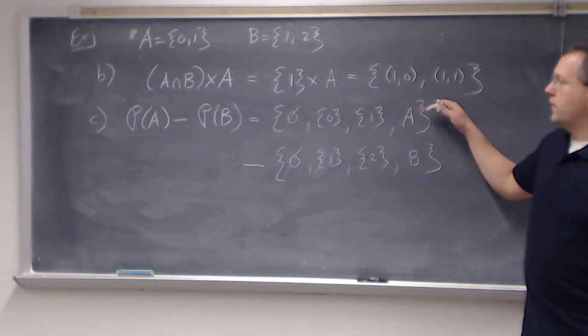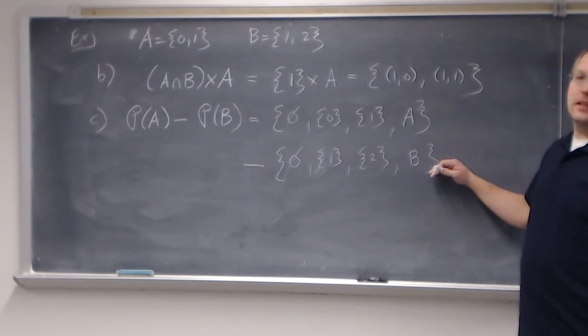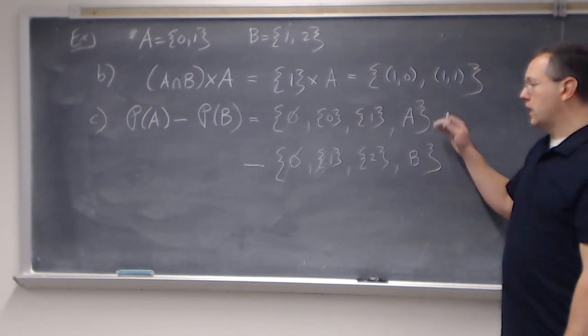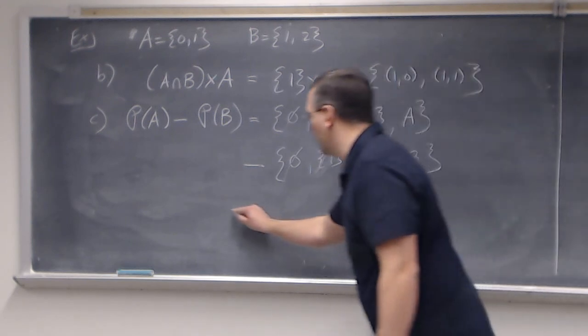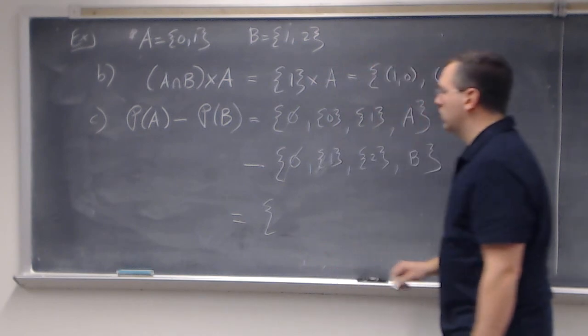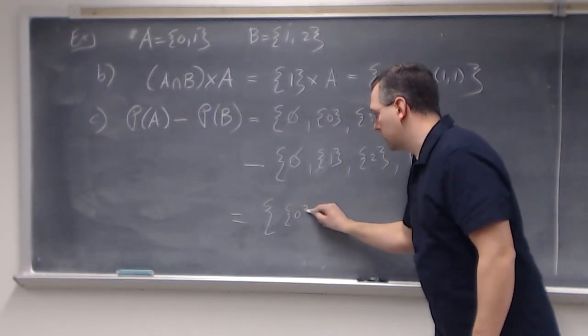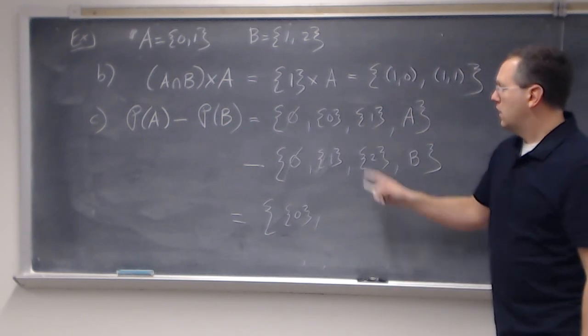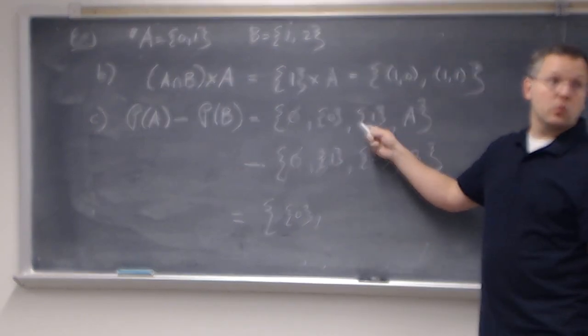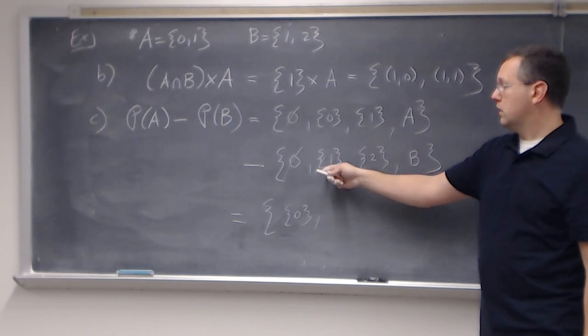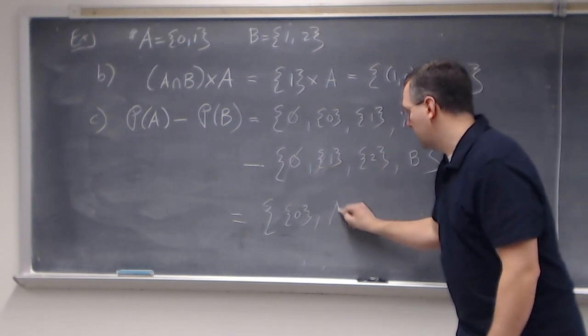Start with the power set of A, take out any element of the power set of B, and what are you left with? Yeah, the set containing 0, because you have to take out the empty set. Take out the set containing 1, that's in both, and then A.